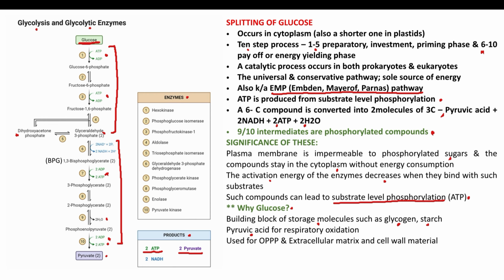We also know that glucose is a substrate for many reactions, and it can be pushed into the oxidative pentose phosphate pathway or OPPP, and you can generate again energy, and NADPH, which is an important molecule for photosynthesis to happen.